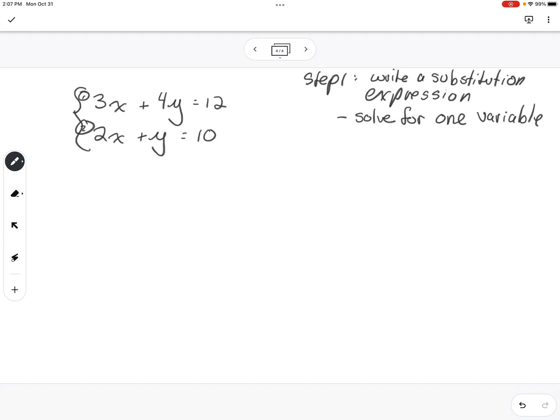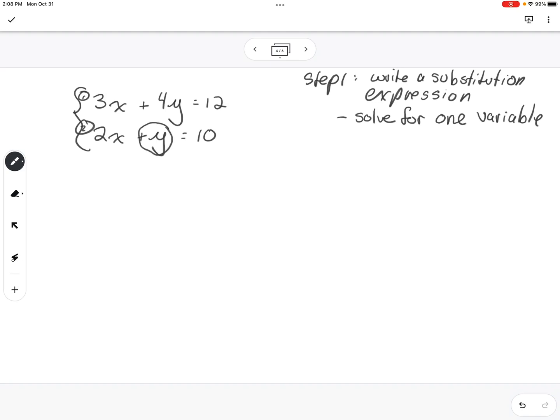I like to find an equation that has one of the variables without a coefficient, or with a coefficient of 1, because that's just going to be one less step. So I see in equation number 1, there's a coefficient of 3 on x and a coefficient of 4 on y, but in equation number 2, y has a coefficient of 1.